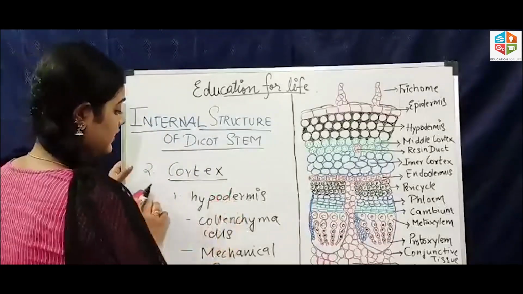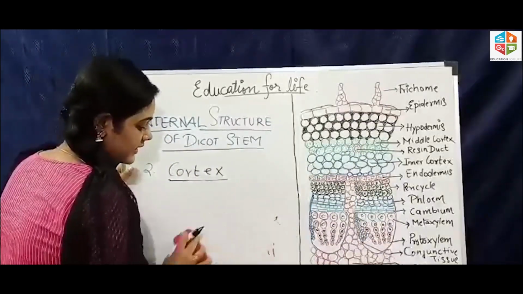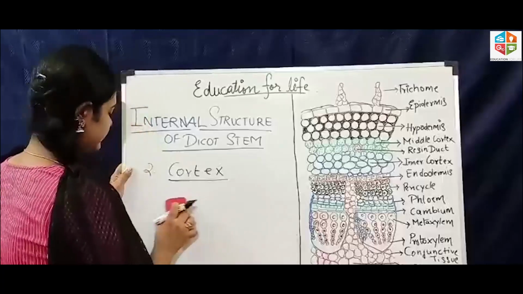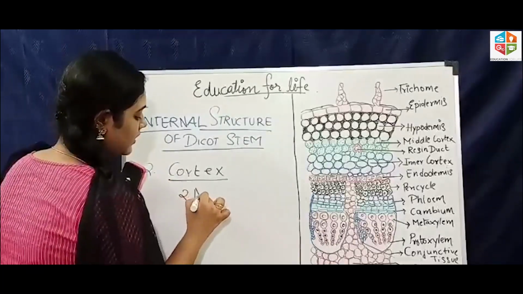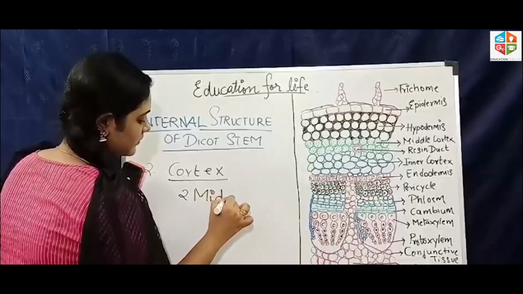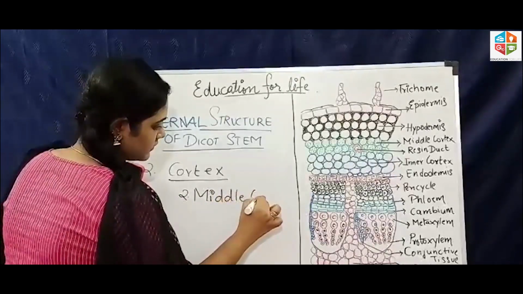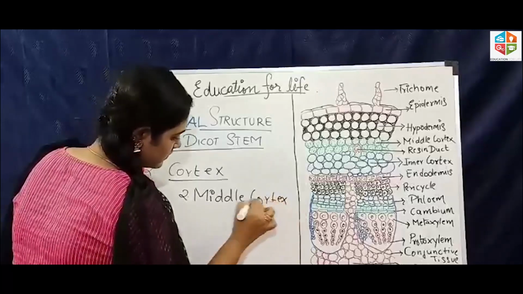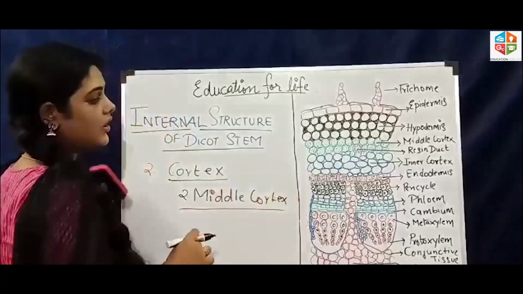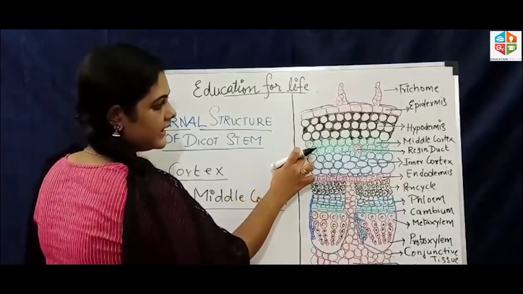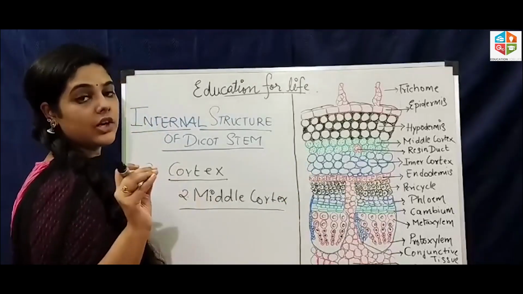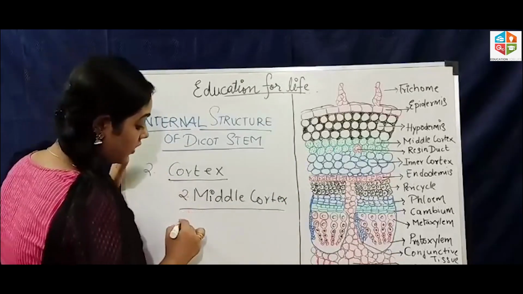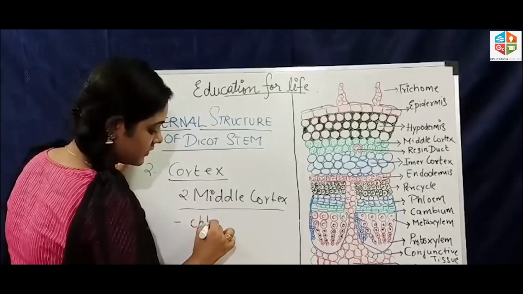The second one under cortex is the middle cortex. Here the middle cortex is in green color. Why is it green? Because the middle cortex is made up of chlorenchyma cells.